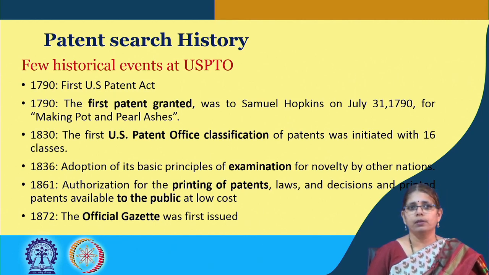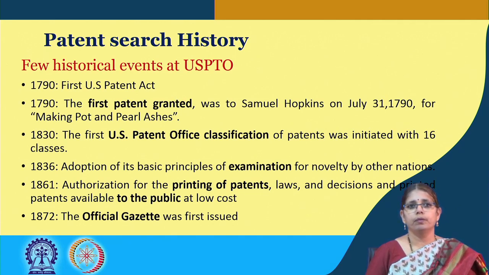Worthy to note is that there was a time when there was a major loss of patents at the USPTO due to a fire, and then once again the documentation of patents needed to be done. Today there are different resource centers available in the United States where one can access patents and the different inventions.